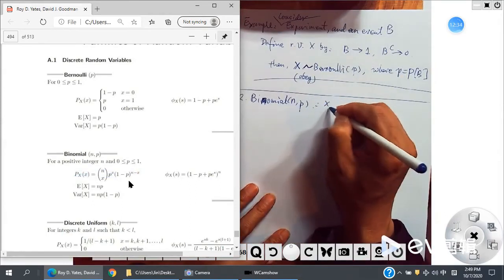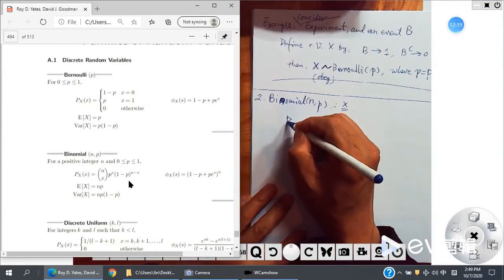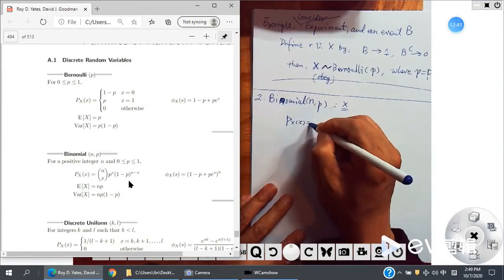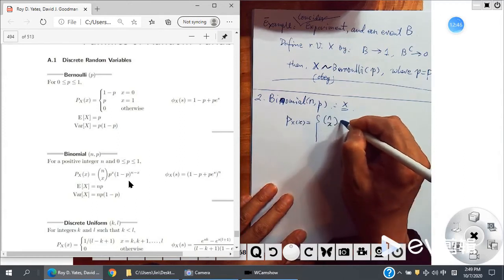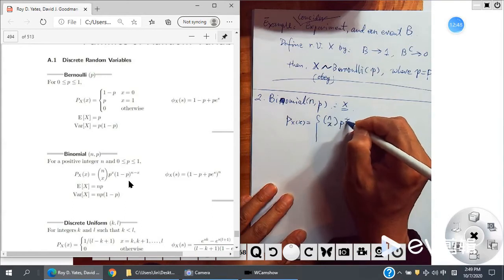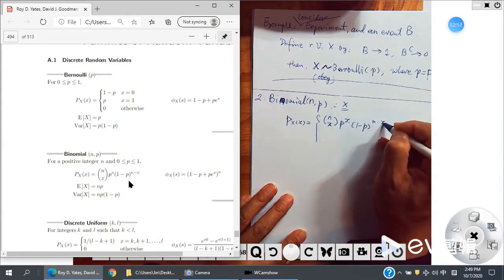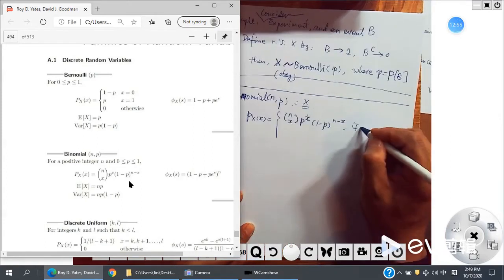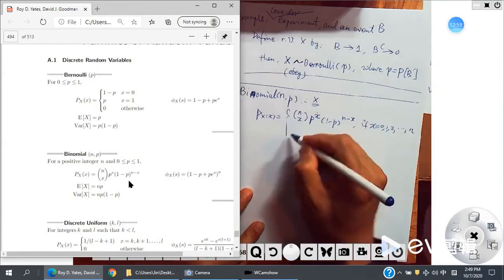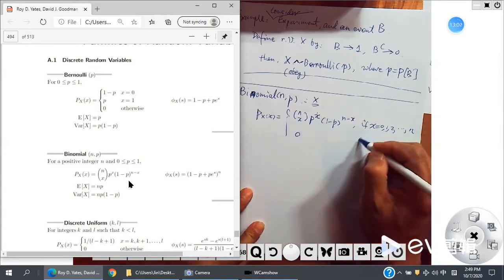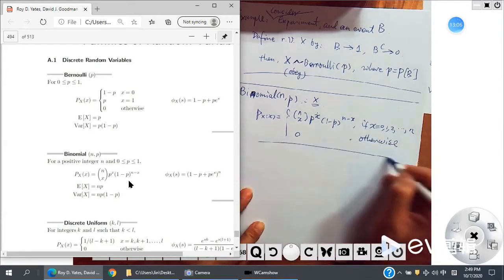Suppose this random variable is X, then the mass function will be n choose x, p to the power x, (1 minus p) to the power n minus x, if x equals 0, 1, 2 until n, and it is 0 otherwise. Should be like this.